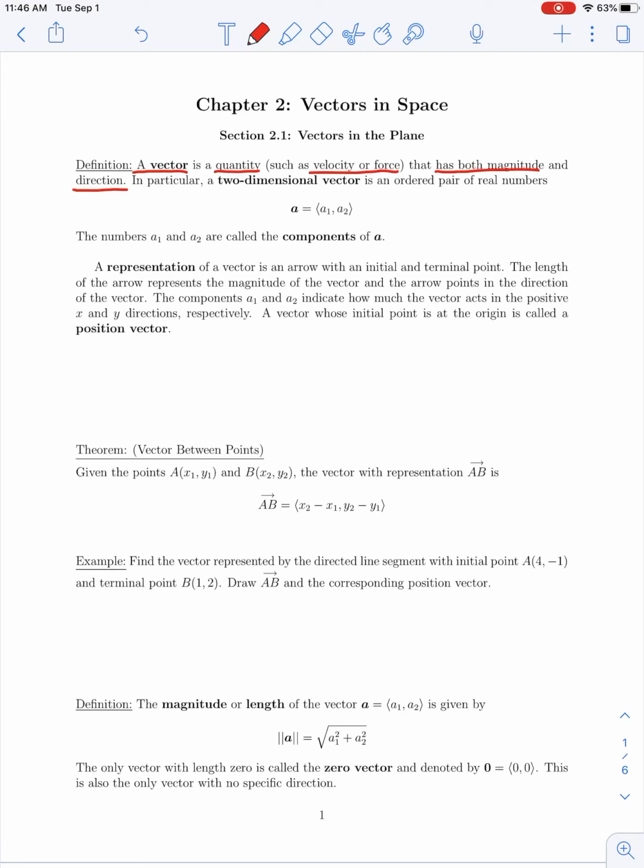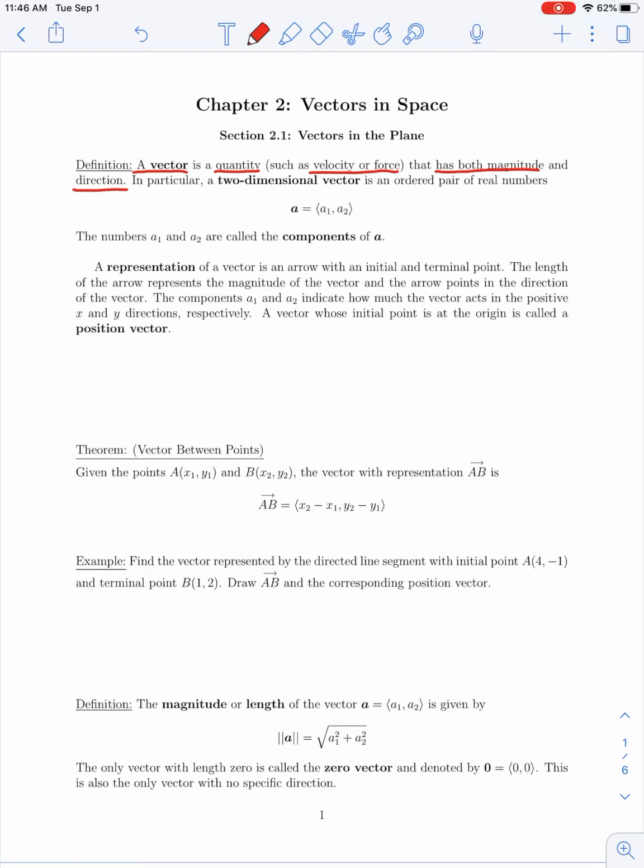Or in the case of velocities, if we're talking about how rapidly something is moving, we would call that quantity speed. But if we're also interested in the direction in which an object is moving, that's known as velocity. It's both speed, how fast an object is moving, and direction, in what direction that object is moving. So these are pretty classic examples of vectors.